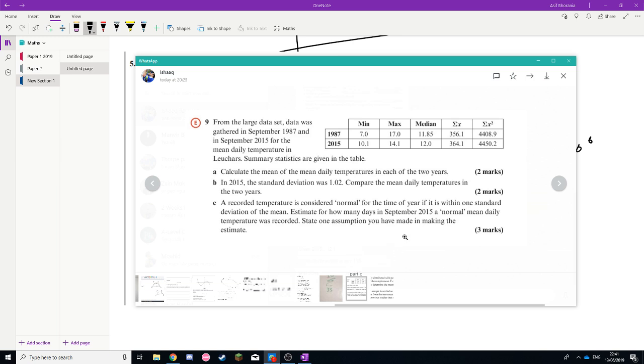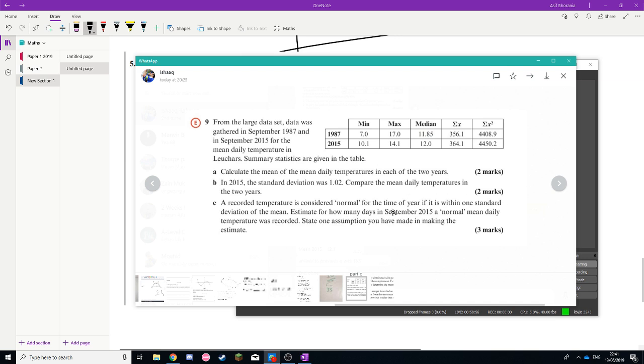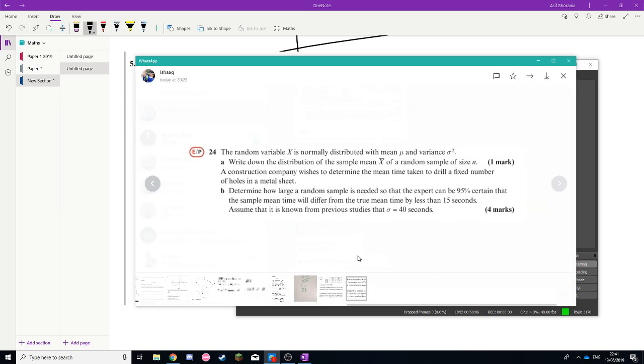So you're saying that's not right? 0.68 times 20.4. Do you have the working out for that? Send me that and I'll have a look, because looking at this again, I think it would be 68% of 30.